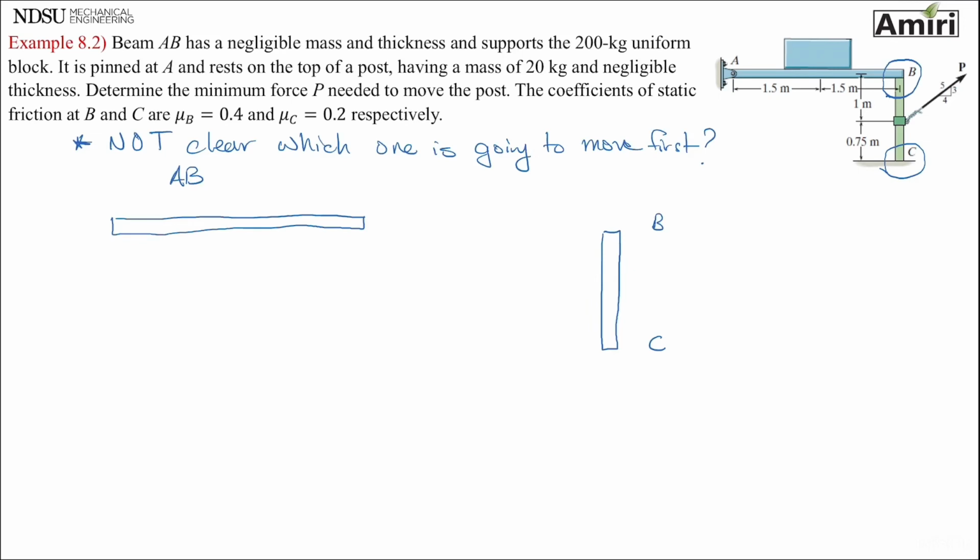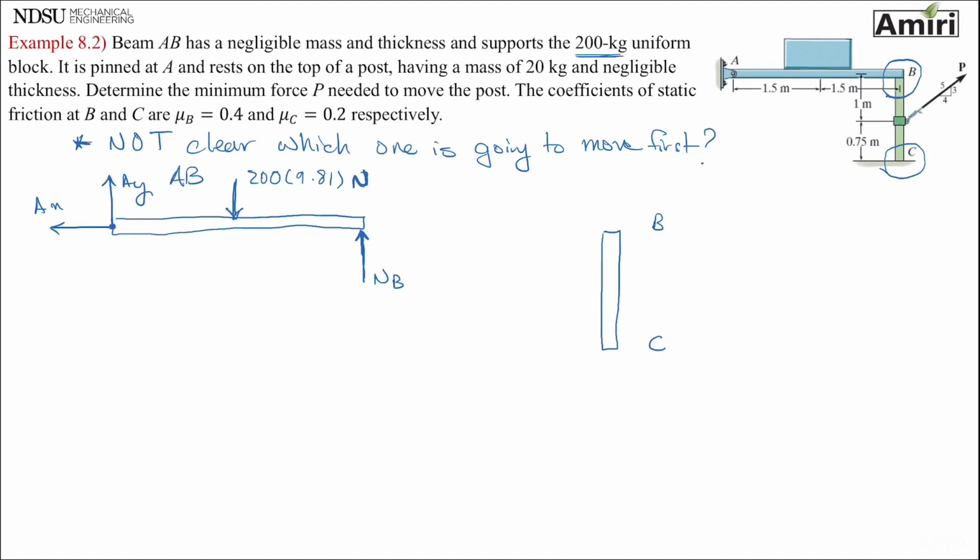Let's start with AB. Put the active forces first, which is that block has 20 kilogram mass, so it has 209.81 newtons. Point A is a pin, so I'm going to put AX and AY. Point B is a smooth contact sitting on another post, so there is a normal force B.